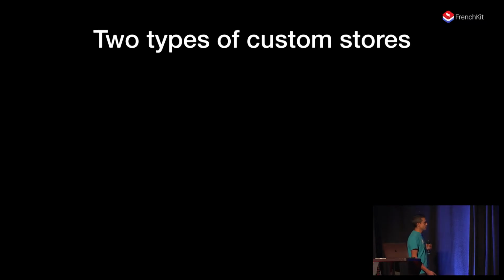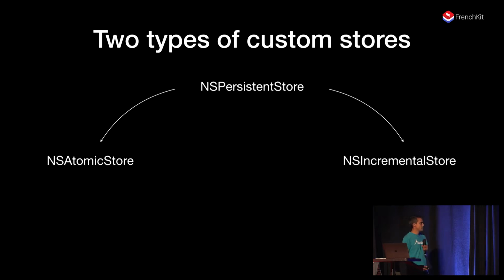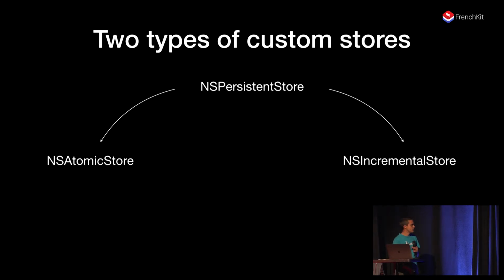So there are two types of custom stores that are very different, and you can subclass these to create your own store type. The first one is NSAtomicStore and the other is NSIncrementalStore. And these both inherit from NSPersistentStore. You can't subclass NSPersistentStore and create your own, so these are the only options you have.